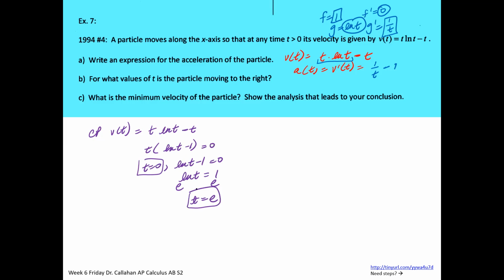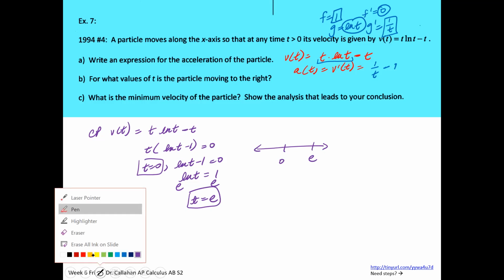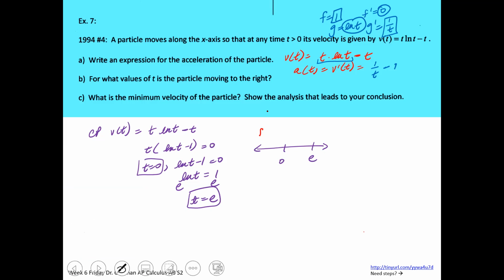So these are my critical points. Let's go ahead and check them on the sign line. So I know e is bigger than 0, so here we go. Let's put an e right there. And then you're going to pick a point. So we're going to do v prime of 1, and v prime of 3. And you should be able to see that from here, between 0 and e, you're going to get a negative.